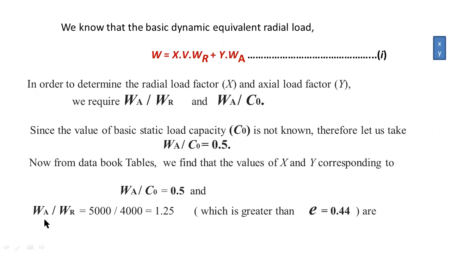Here the value of WA equal to 5000 and WR equal to 4000. The ratio of WA by WR equal to 1.25.